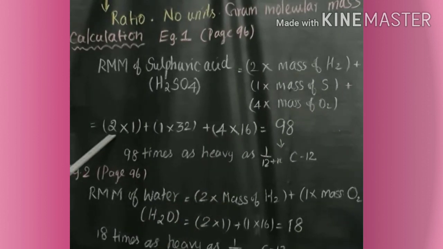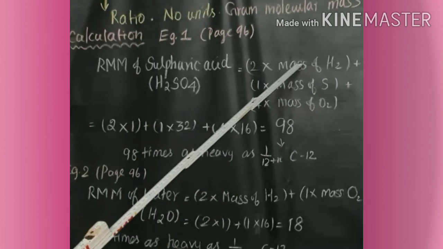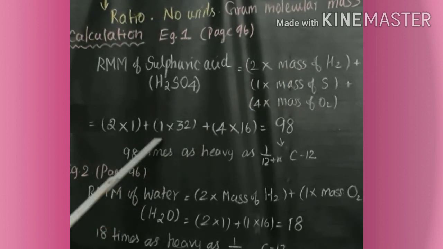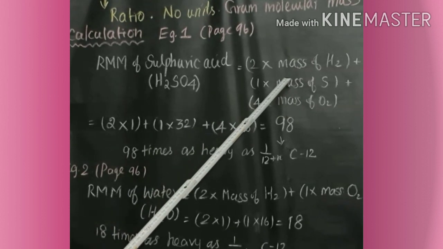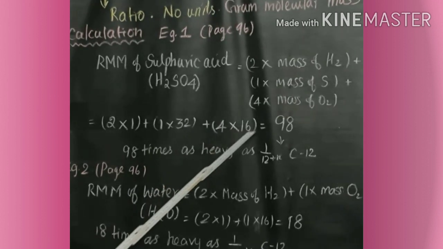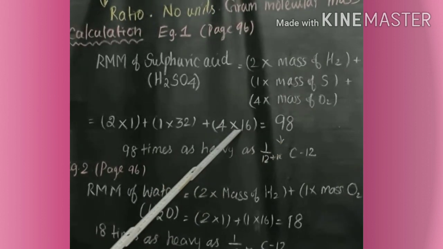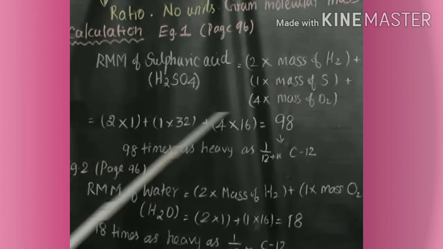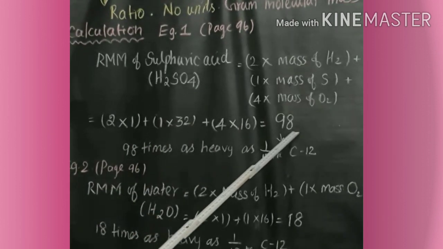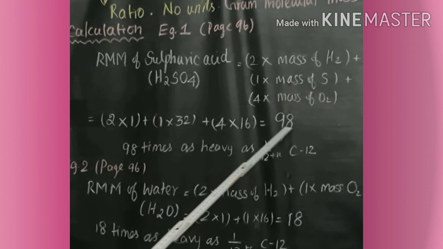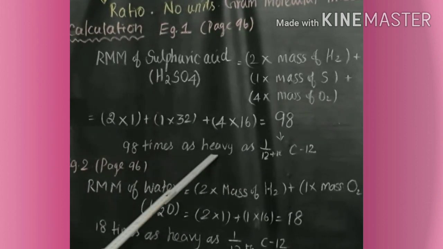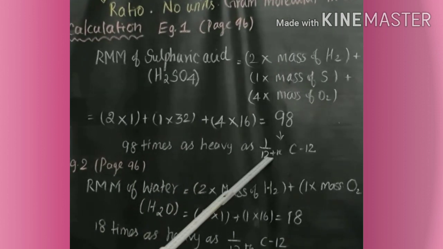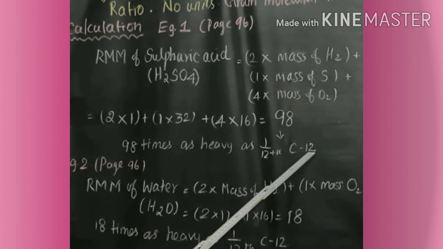Come to this step: 2 into 1, where 1 is the mass of the hydrogen atom. 1 into 32, where 32 is the mass of sulfur. And 4 into 16, the mass of the oxygen atom. If you add all the 3 quantities, we get the number 98. That expresses that it is 98 times as heavy as 1 by 12th part of a carbon 12 atom.